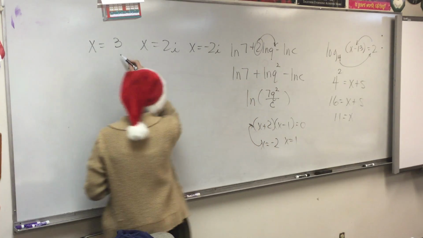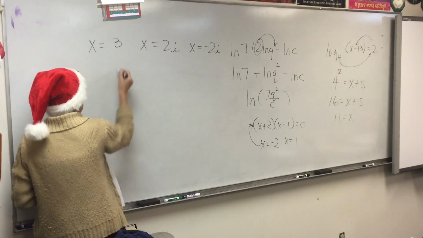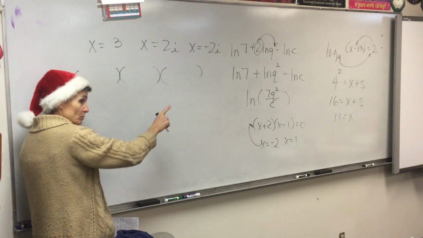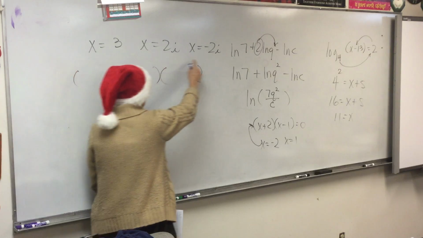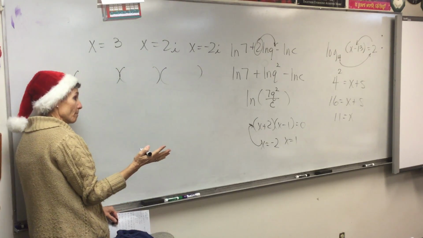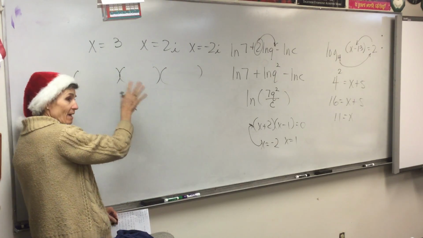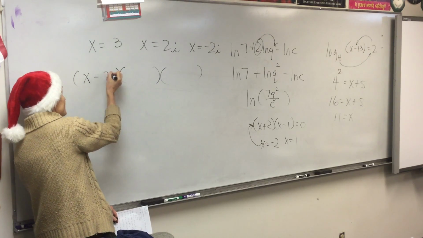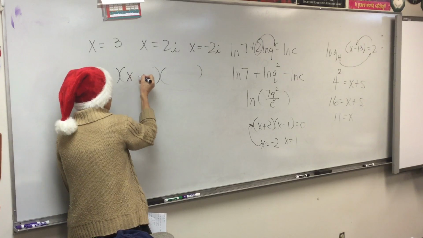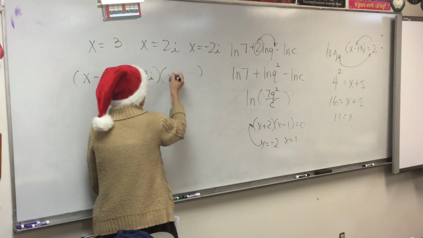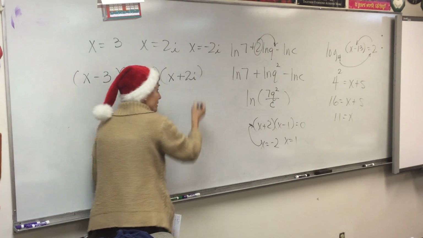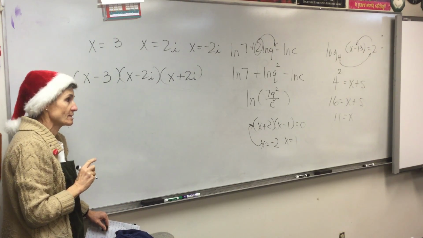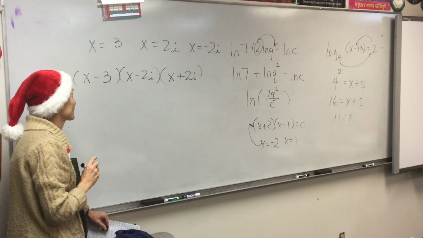So now you have the answers, you must create the factors. That's what you multiply. You don't multiply 3, 2i, and negative 2i. That'll just give you a number. You need to multiply the factors. So the factors would be x minus 3, x minus 2i, x plus 2i. Those are your factors.